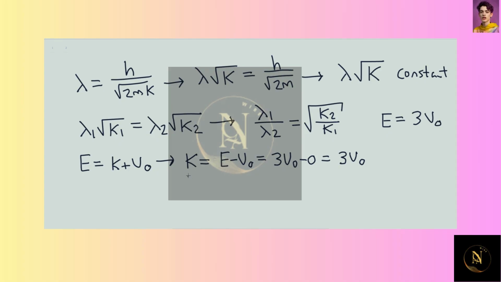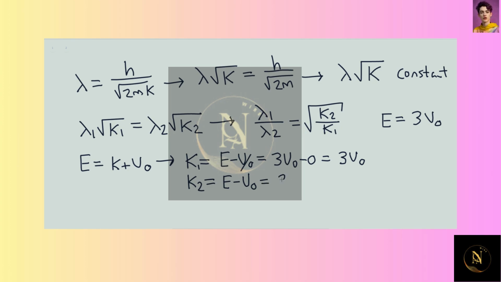Now, when it enters the bump, we'll call that K2. So when it enters the bump, we have total energy minus U naught.